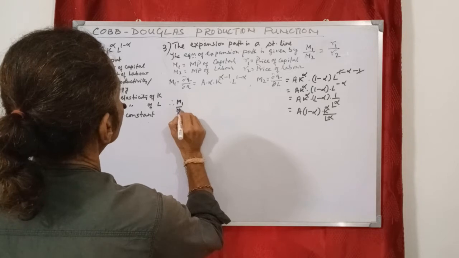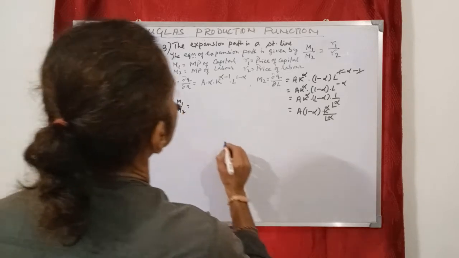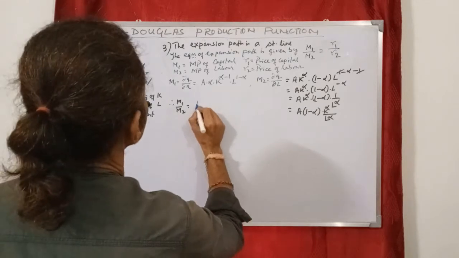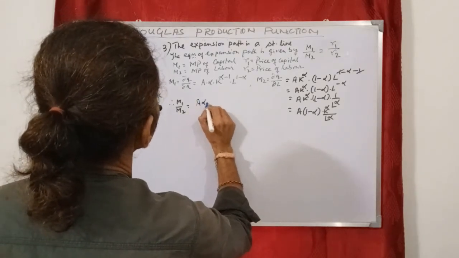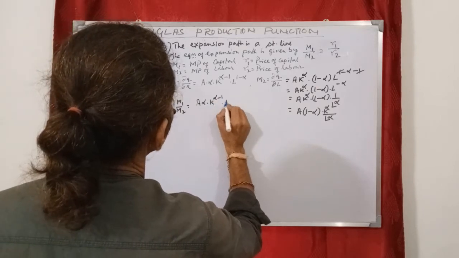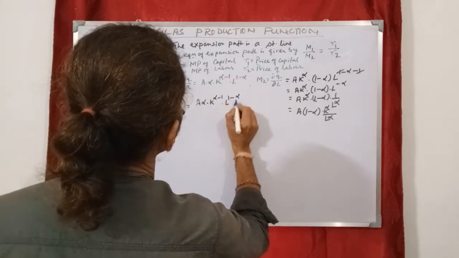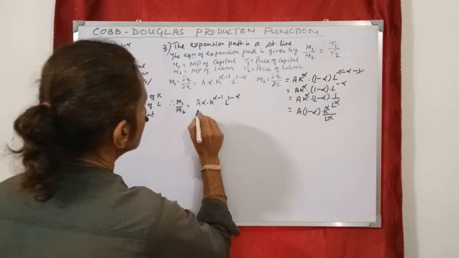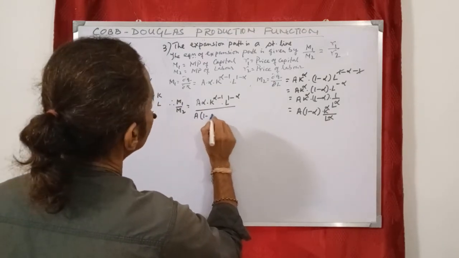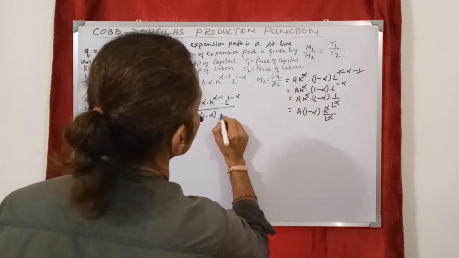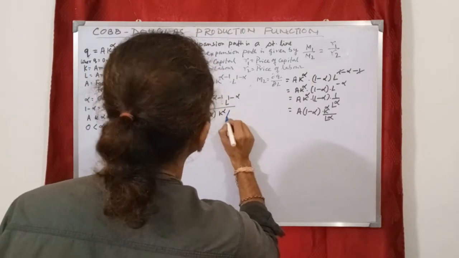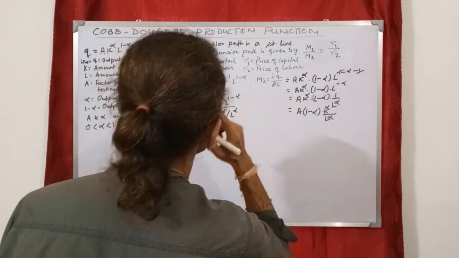M1 by M2 equals to, what is M1? A alpha k to the power alpha minus 1 into L to the power 1 minus alpha divided by A into 1 minus alpha k to the power alpha divided by L to the power alpha.